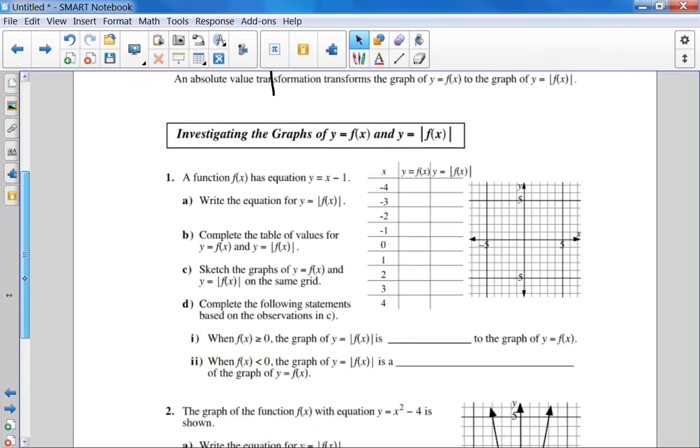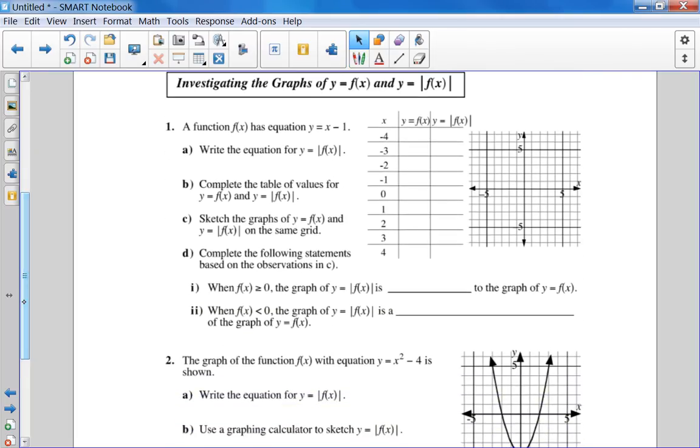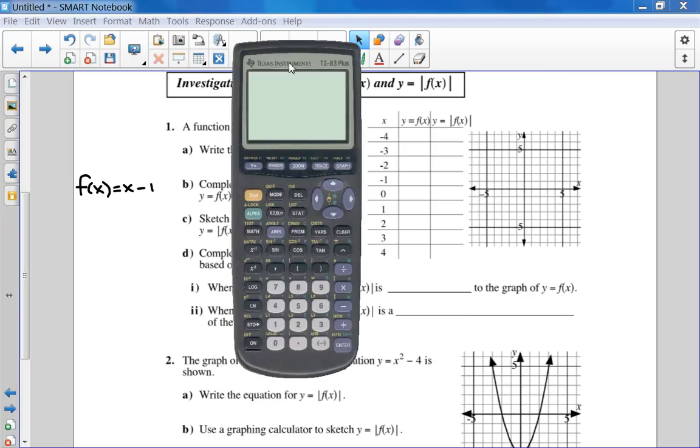So let's take a look at this investigation. They want us to graph y equals x minus 1. So this is our original function. Go to your calculator and graph this. And as far as copying into the workbook, you can do that. I think I'll just explore.